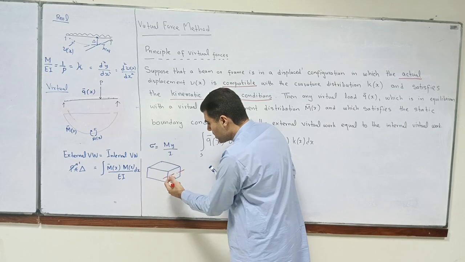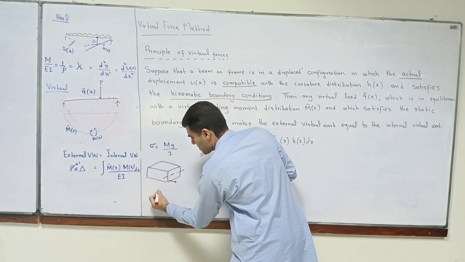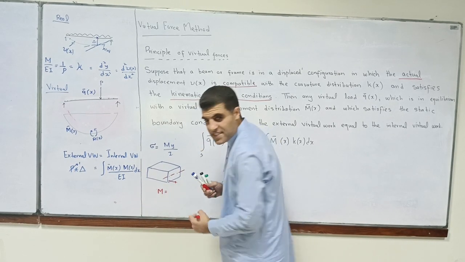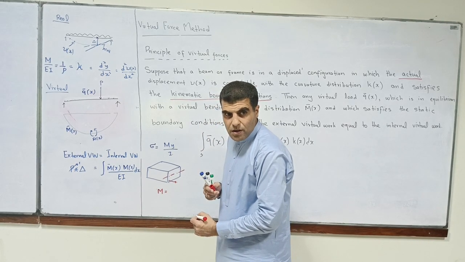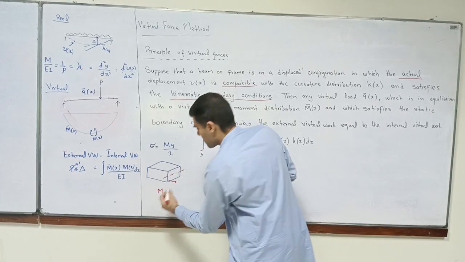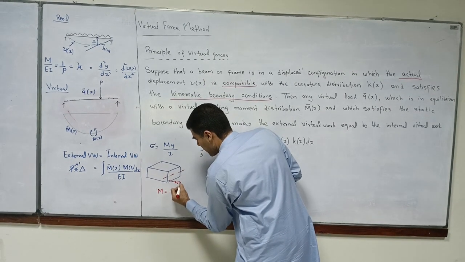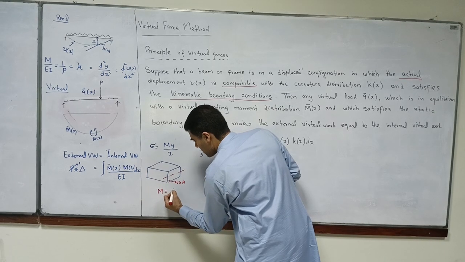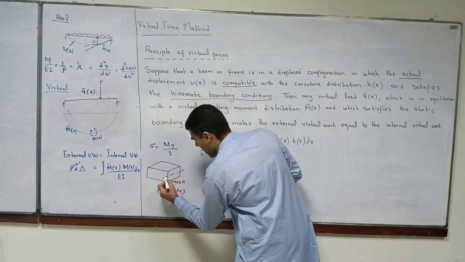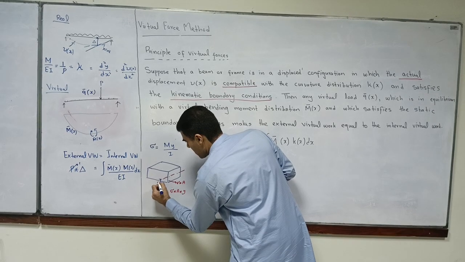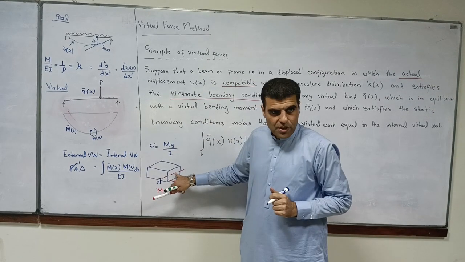So M is equal to the summation of moment, which is equal to stress into A into Y, assuming that this fiber is at a distance Y from the neutral axis.